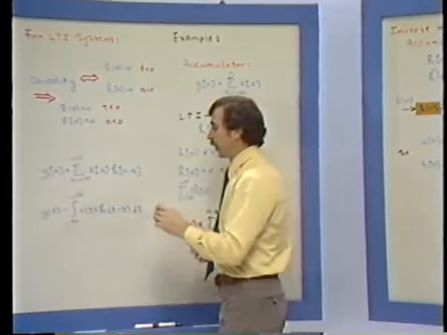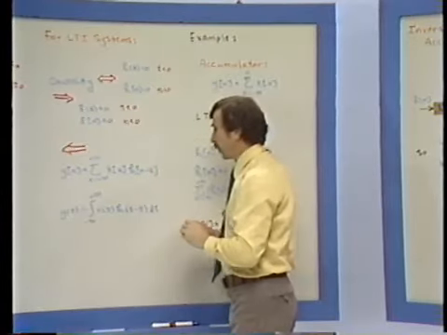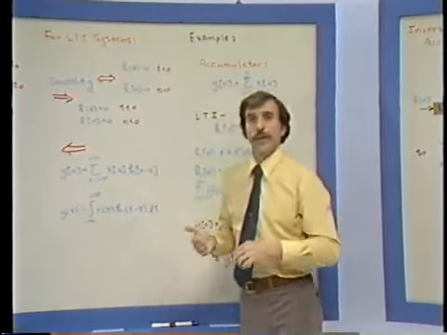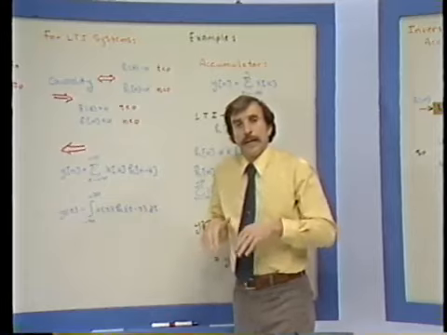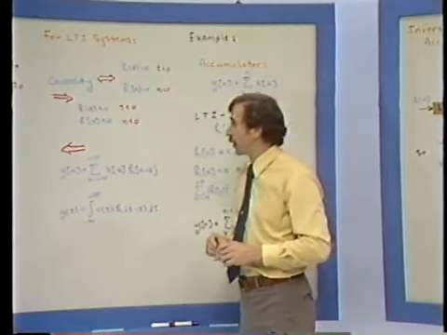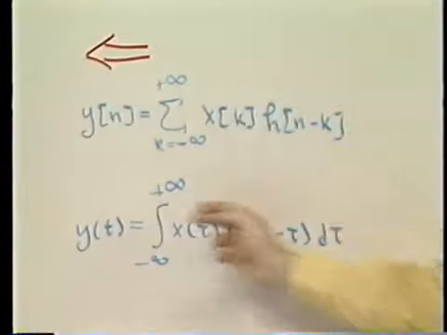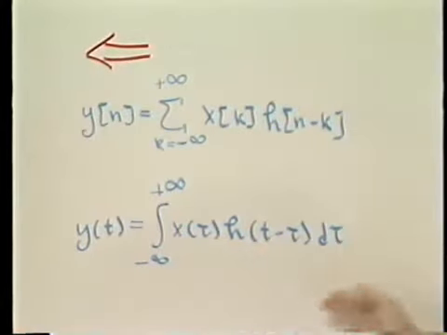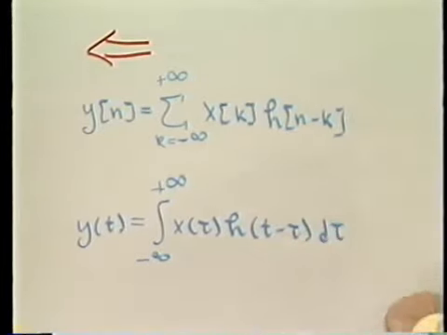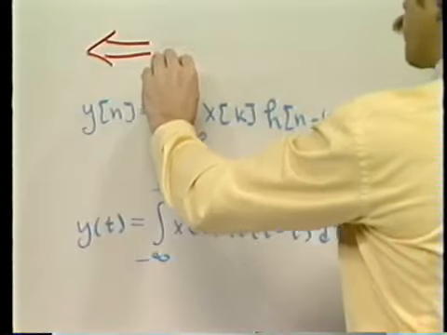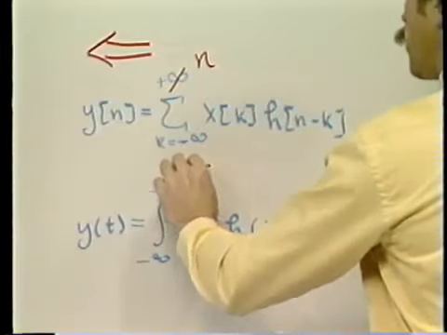To show the result in the other direction, namely to show that if, in fact, the impulse response satisfies that condition, then the system is causal. While I won't work through it in detail, it essentially boils down to recognizing that in the convolution sum or in the convolution integral, if that condition is satisfied on the impulse response, then the upper limit on the sum in the discrete time case changes to n, and in the continuous time case changes to t.